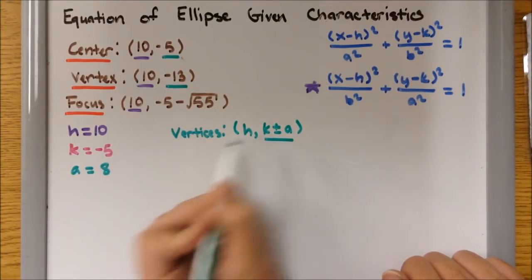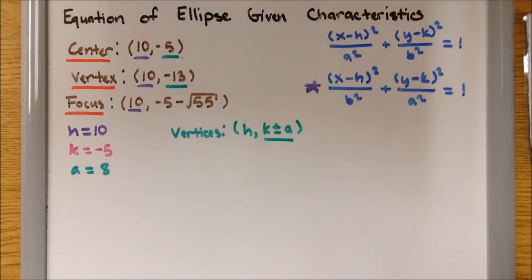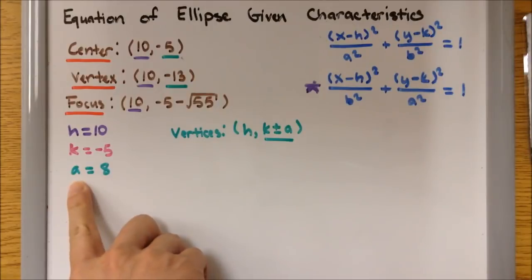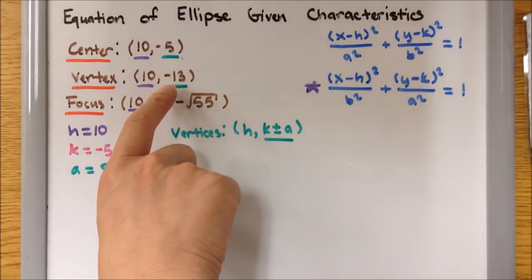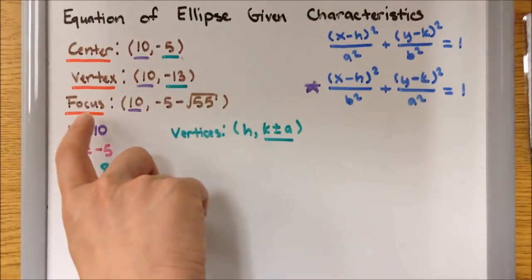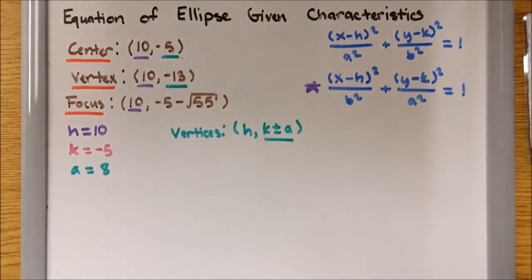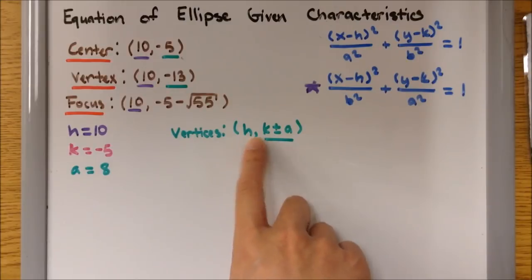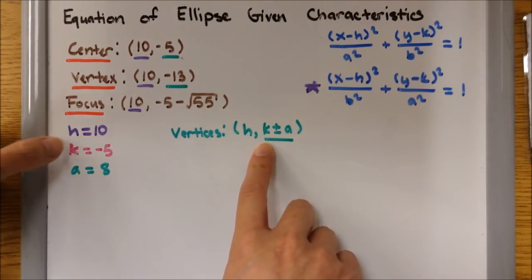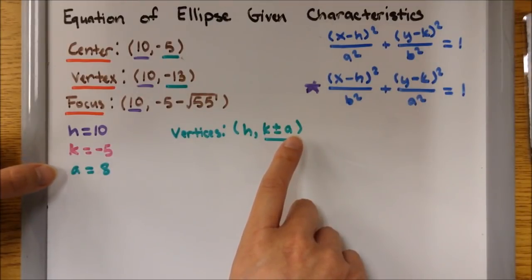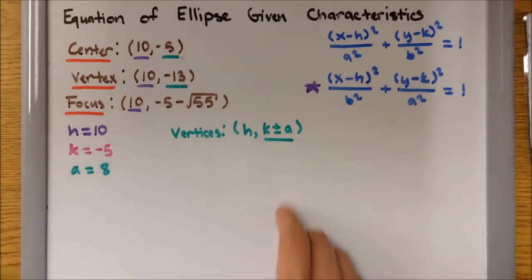Let's focus on this. The reason I said that the 8 goes with the a is that you see how the vertex changes to -13, and all the other points, the focus and center, all have 10s. So that means h just stays the same. Here, this is k plus a, so we had -5 with the a value, which is 8.